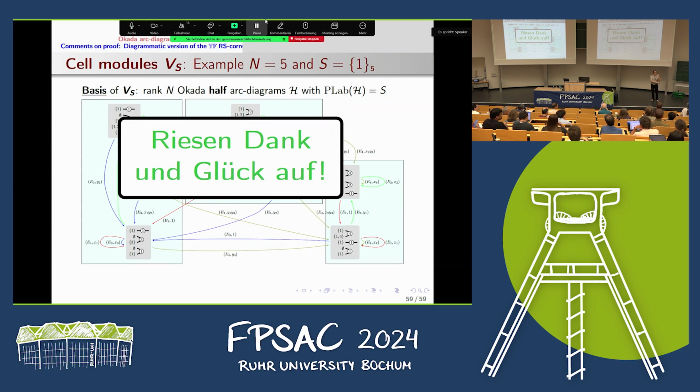It takes a sequence and produces a pair of standard and semi-standard tableaux, but it's an injection, so not every pair of standard and semi-standard tableaux is realized. That is again an indication that something is funny with Schur-Weyl duality, if it exists. But there is a candidate at least for that.